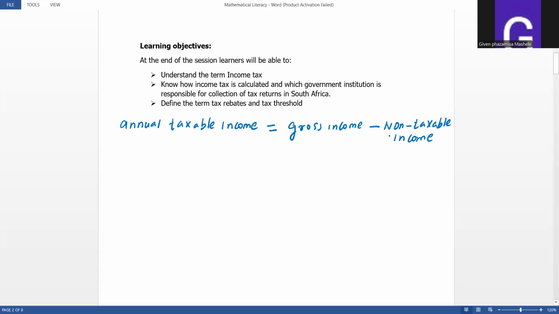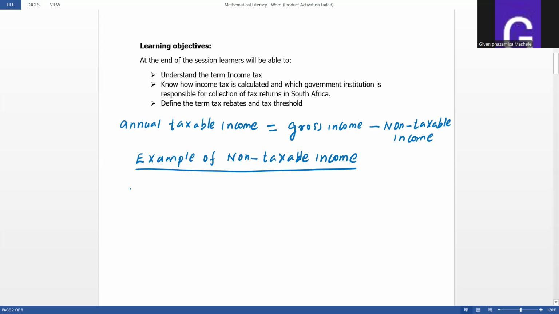Now, what are examples of non-taxable incomes? The non-taxable income, we have items like, number one, a pension fund.